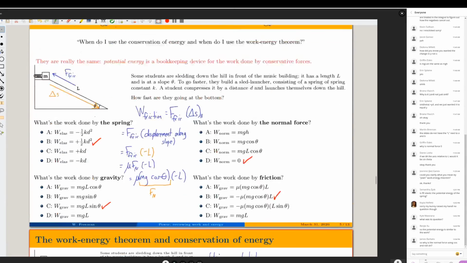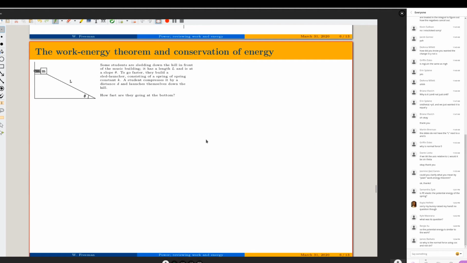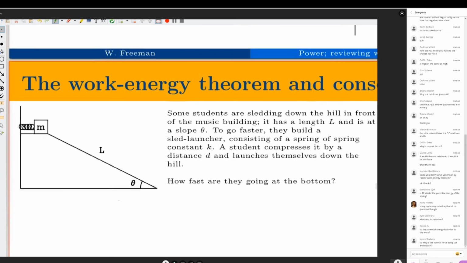Let me get just a blank page here to do that. So if I zoom in on this and we draw a force diagram, here's the normal force. Here's gravity. And the components of gravity are these.